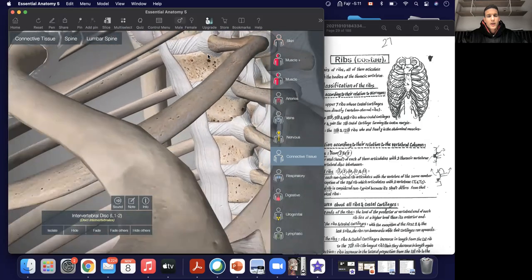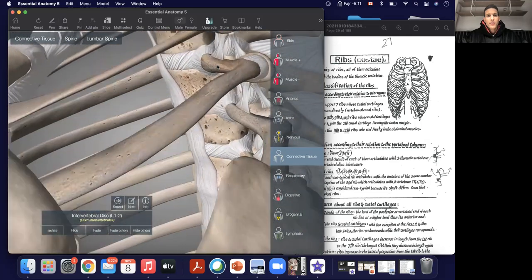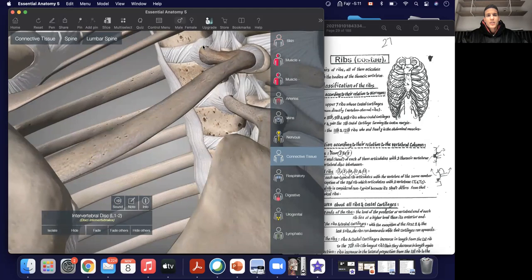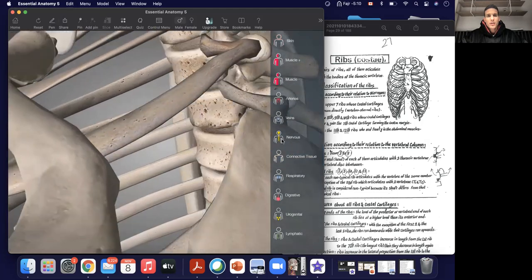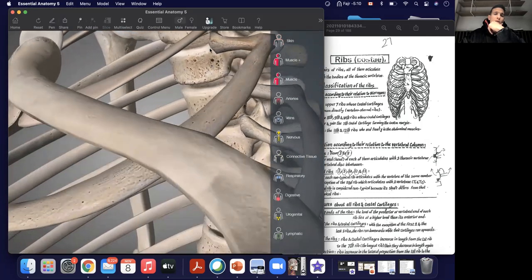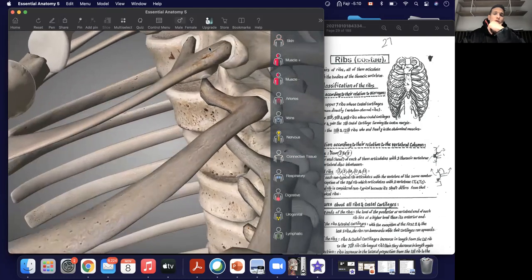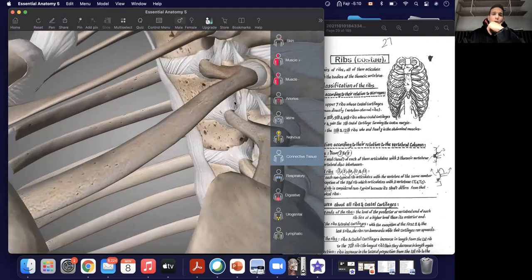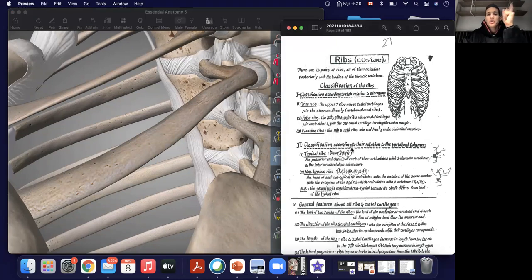Head of rib, there. The head of the rib, you can see, has an articular surface. Let me just take off the connective tissue. The head of a rib has 2 articular surfaces. One articulates with the above vertebra, and the second articulates with the below vertebra, and also articulates with the intervertebral disc below. And these ribs are called typical ribs.